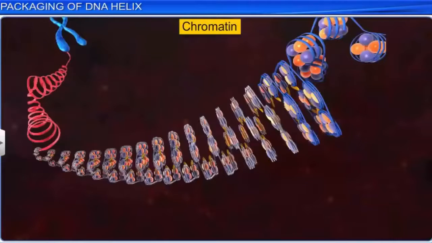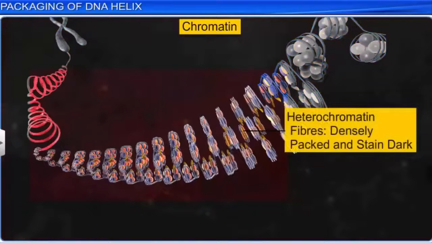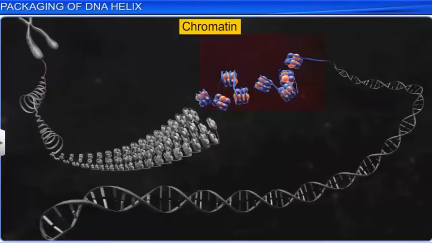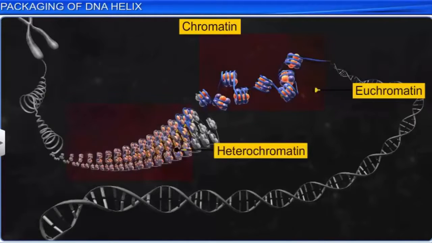On the other hand, heterochromatin fibers of about 300 nanometers in diameter are more densely packed and stain dark. Moreover, of the two types of chromatin fibers, euchromatin is transcriptionally active, while heterochromatin is inactive.